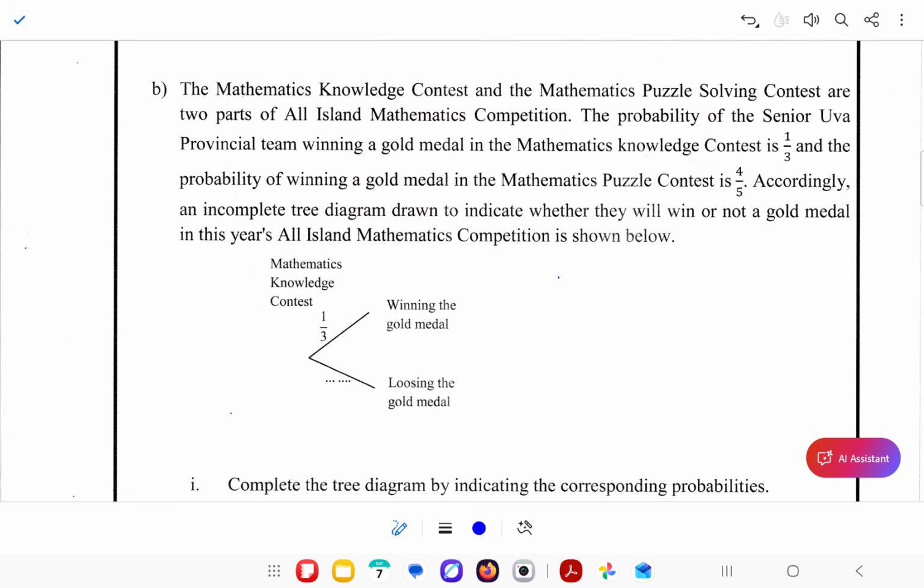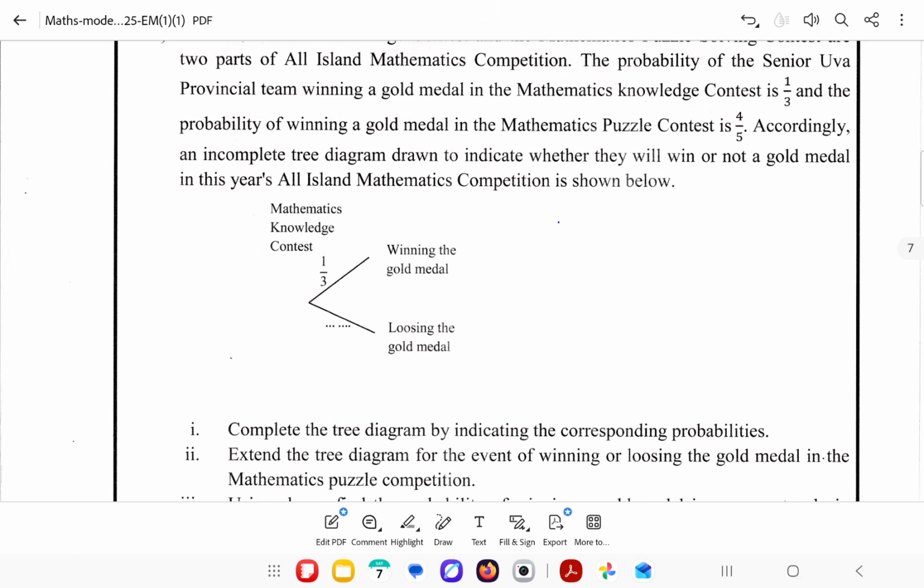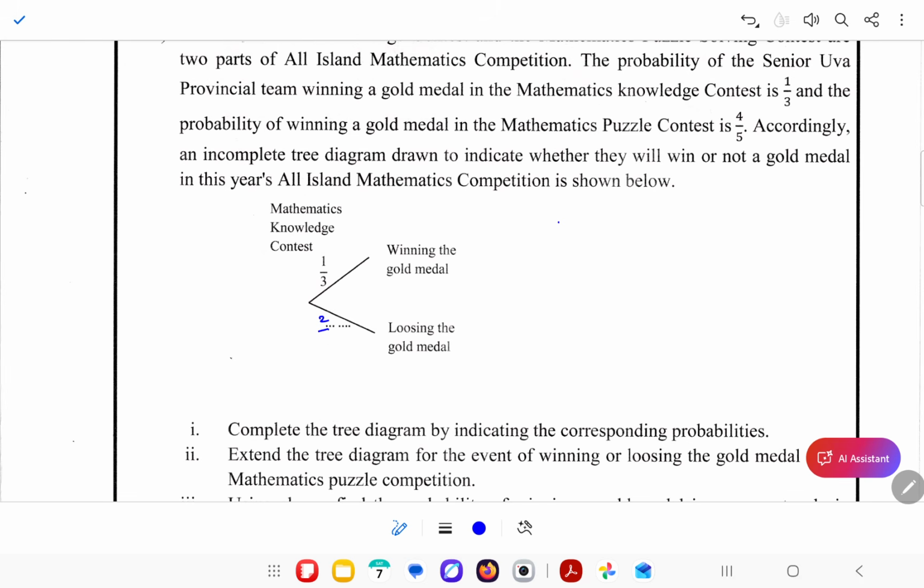Accordingly, an incomplete tree diagram drawn to indicate whether they will win or not a gold medal in this year's all island mathematics competition is shown below. Part 1. Complete the tree diagram by indicating corresponding probabilities. So this is 2/3 now.